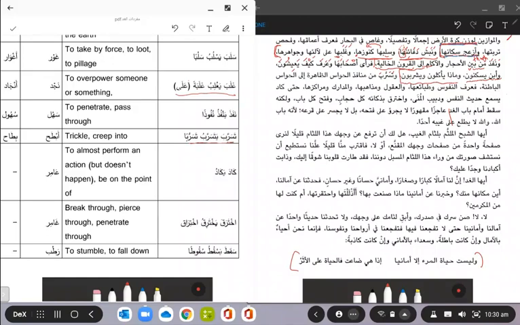Okay, tasarraba, he crept into. Remember, it's a past tense. Students always confuse form number 5 with present tense because why? Why do you guys think that it's easily confusable with a present tense verb? Why is form number 5's past tense easily confused with a present tense?